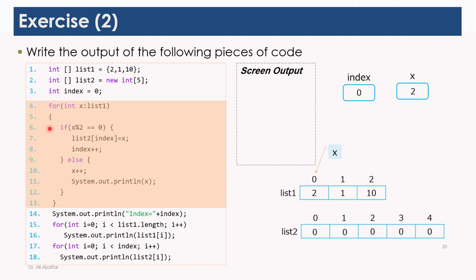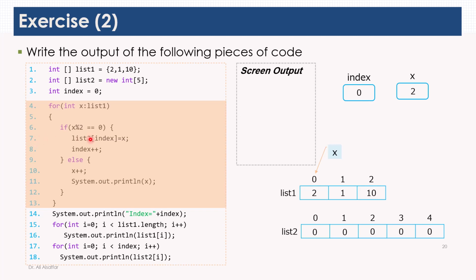In the first iteration, the value of x is equal to 2, and in line 6, we are testing for this element. If it is even, then we go into line 7 and 8, and if it is odd, we go to line 10 and 11. Now, since x is 2, which is even, then we will execute line 7 and 8.